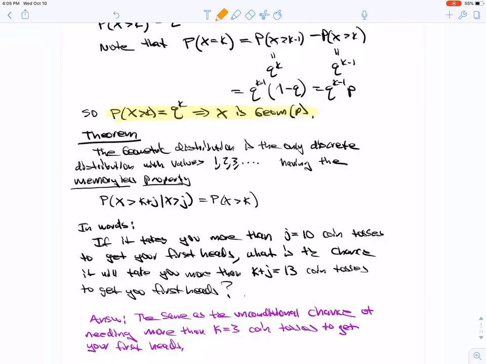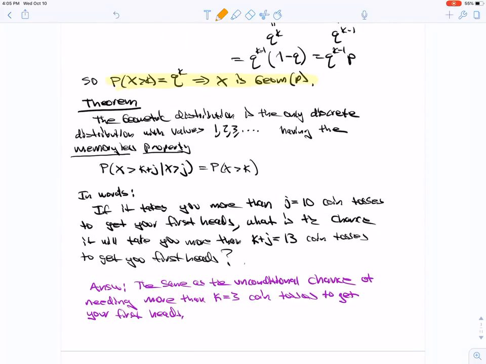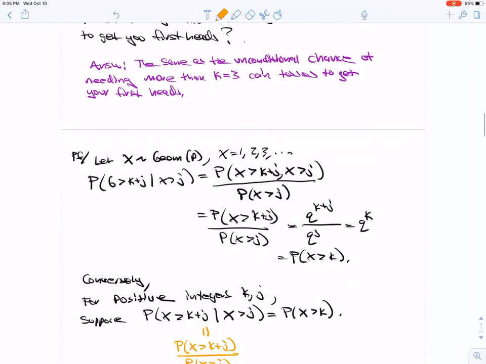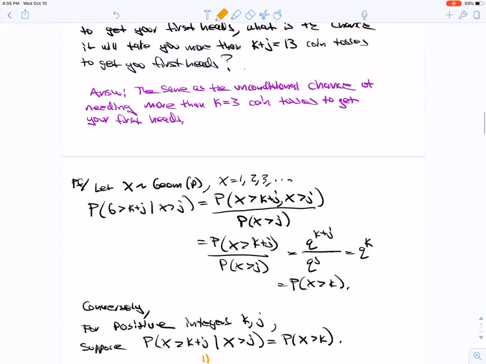Given that you haven't gotten a head in the first 10 tosses, you can basically forget that ever happened and just start from scratch. So that conditional probability is equal to the unconditional chance of needing more than 3 coin tosses to get your first heads. So it's a pretty interesting and important property.